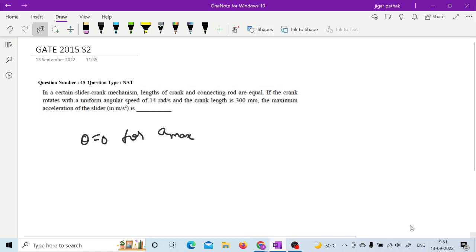One second. In the case of velocity it is 2n, no? In the case of acceleration it is n only. Yes, right.